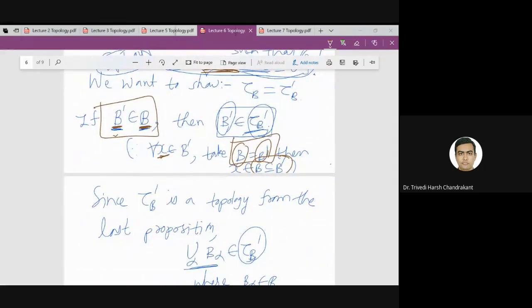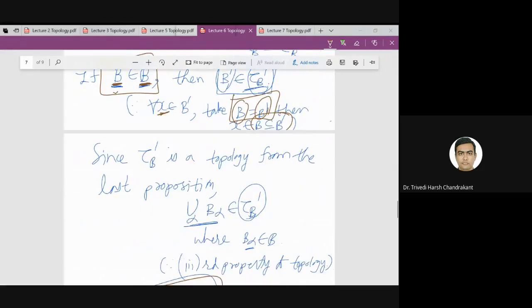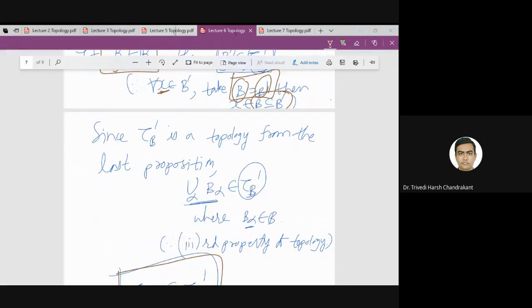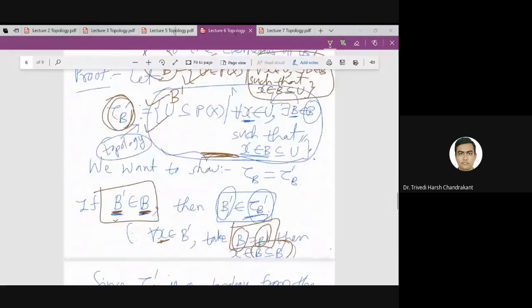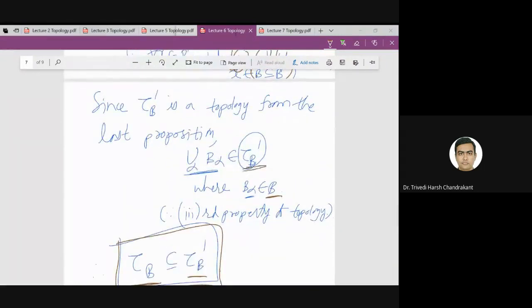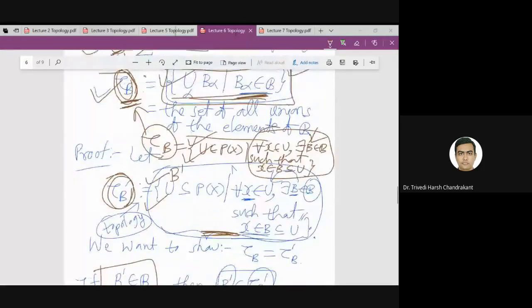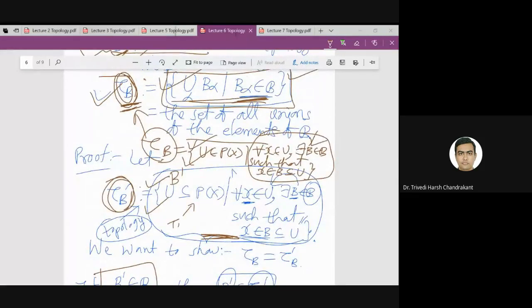And once B dash is an element of this set, we take the union of all such elements of B. It is also contained in tau B dash, right? Why? Because this is a topology from the previous proposition. In the previous proposition we checked that if I define this collection in this form using the given basis B, then it is always a topology.